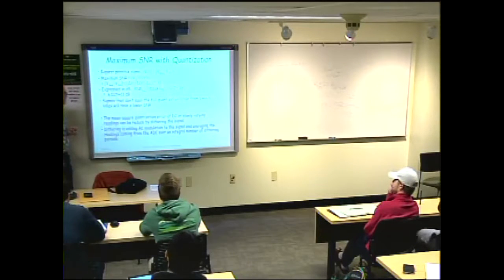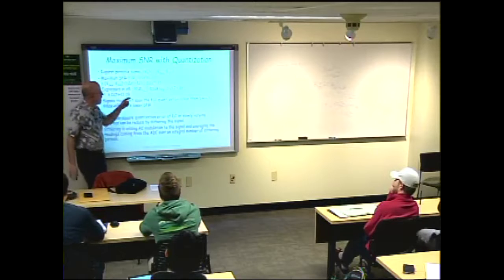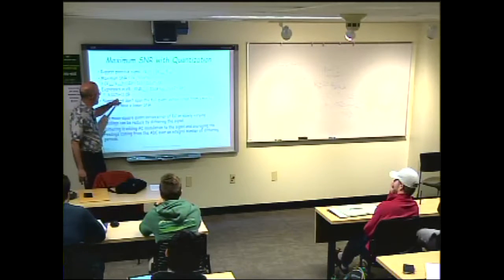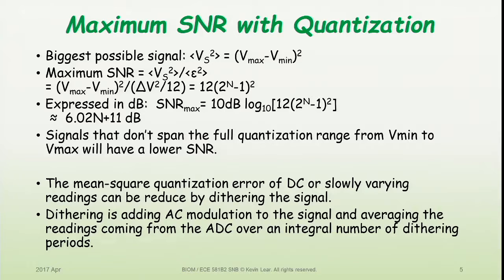So for example, if I now express this in dB, I have 11 dB of signal-to-noise ratio plus 6 times the number of bits. So even if I have a 2-bit digital to analog converter, I have actually a very high signal-to-noise ratio in terms of just the quantization error.